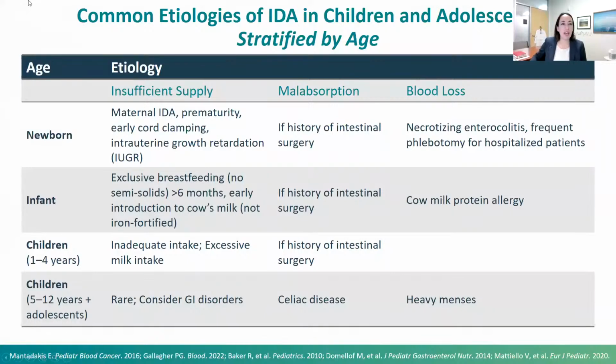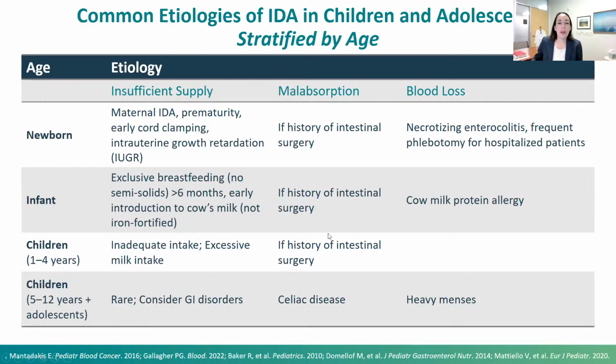This is just, again, looking in a table format, some of the different etiologies broken down a little bit more. So in the newborn period, if you have a mother of an infant who was iron deficient during pregnancy, they couldn't deliver enough iron during the third trimester of pregnancy. Any infants that had IUGR are at higher risk for iron deficiency.